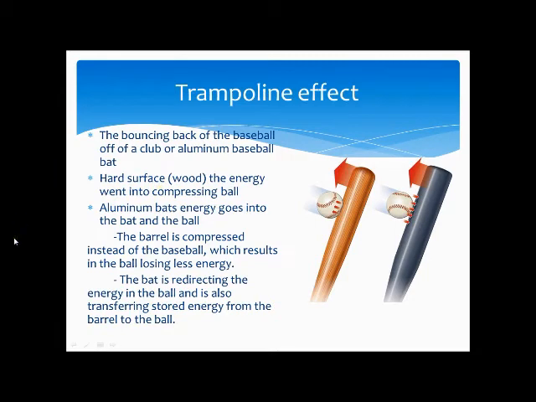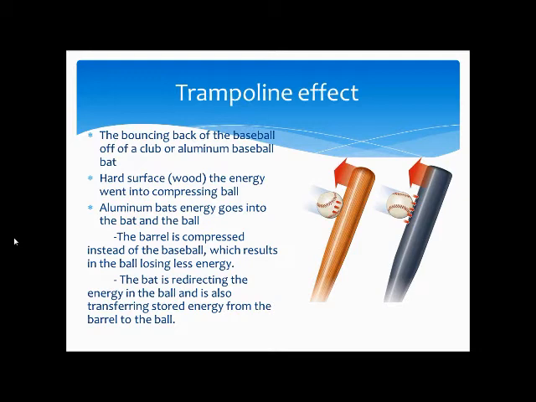The trampoline effect, which is a crucial point in why the aluminum bat is better than the wood bat, is the bouncing back of the baseball off of a club or aluminum baseball bat. The reason why is that with the hard surface of the wooden bat, the energy goes into compressing the ball, while in an aluminum bat, energy goes into both the bat and the ball.